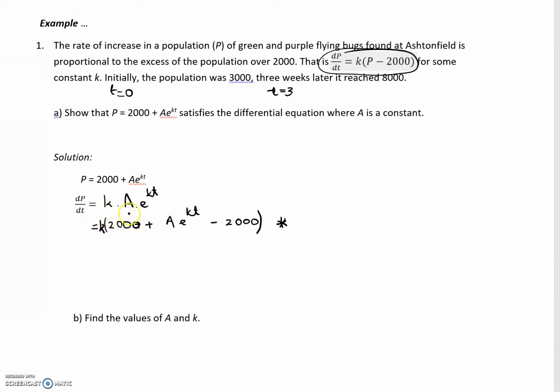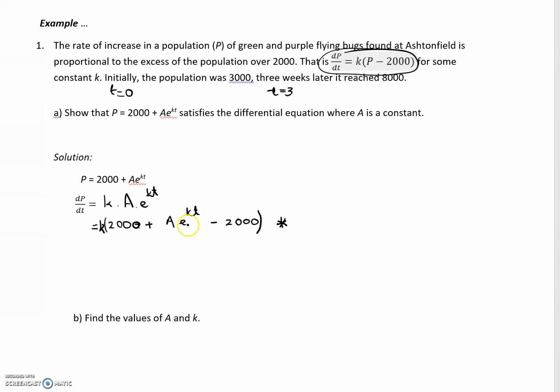I'm going to take k out, and you know what that would be, we'd have an Ae to the kt sitting there, but I'm going to add a 2000 in and subtract the 2000. So what are the two main things that have happened here? I've taken the k out totally of Ae to the kt, added in 2000 but subtracted 2000.